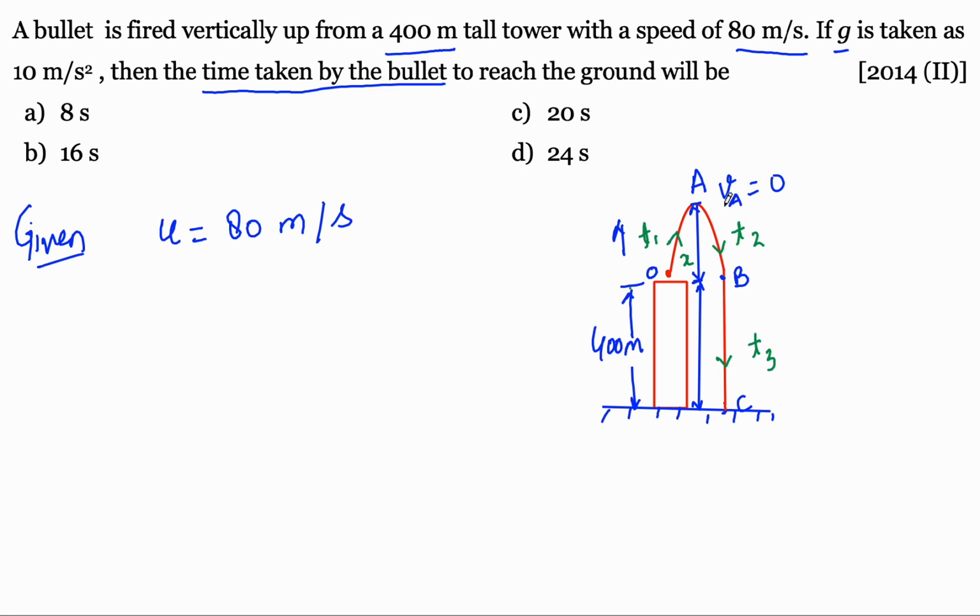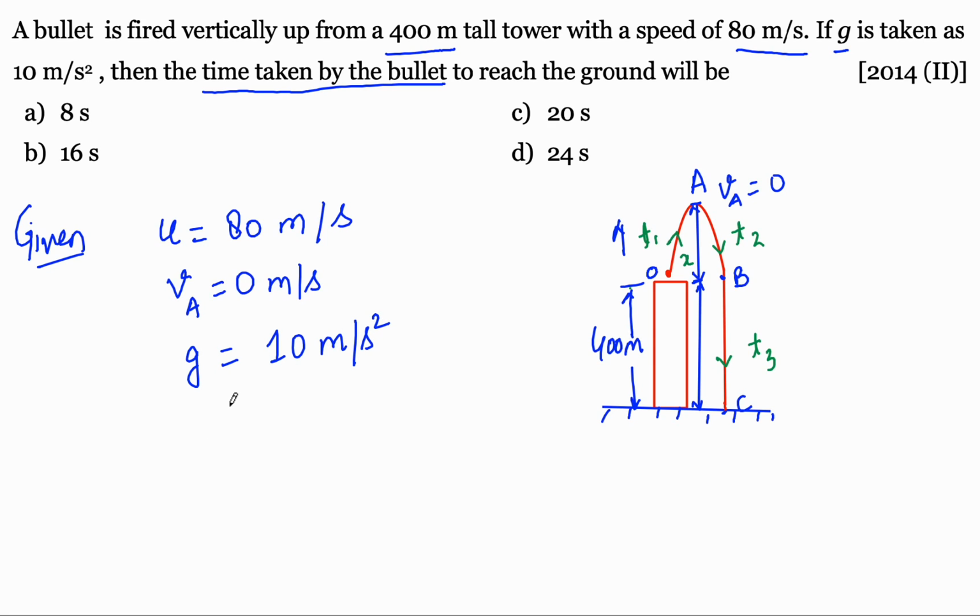It will not have any velocity, and after that instant, it will come towards the ground. Okay, so at A the velocity is 0. I'm going to write it as velocity at A is 0 meter per second. Also g is given to us, which is 10 meter per second square.